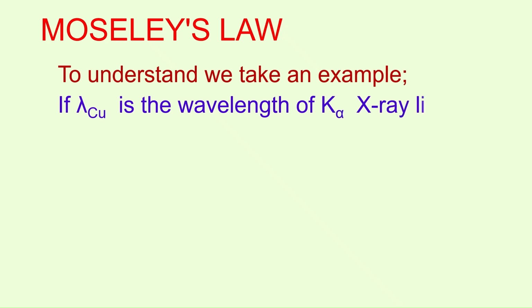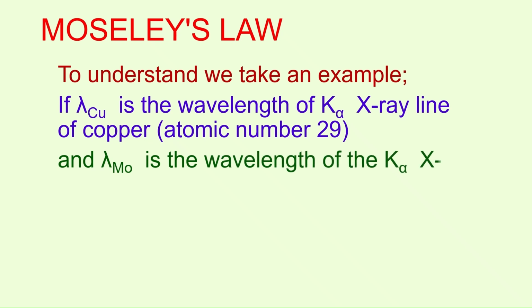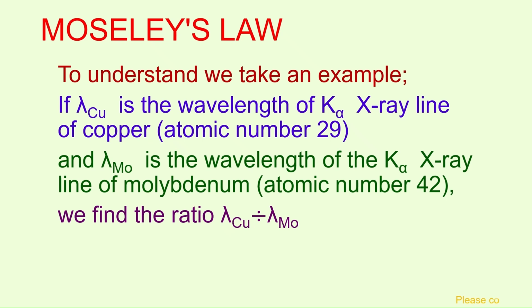To understand, we take an example. If lambda Cu is the wavelength of the K alpha X-ray line of copper, atomic number 29, and lambda Mo is the wavelength of the K alpha X-ray line of molybdenum, atomic number 42, we find the ratio of wavelengths of X-rays by Moseley's formula.